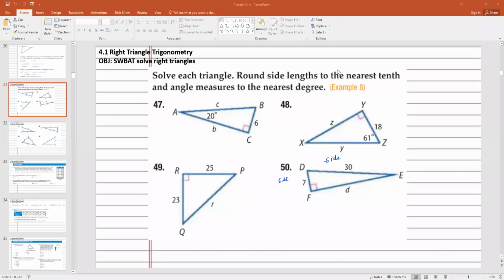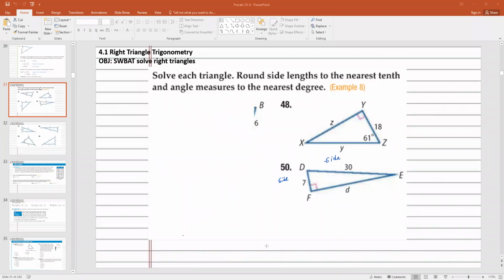Let me block these out really quick. Okay, so first thing that we want to do is find the missing side. Find the other side.